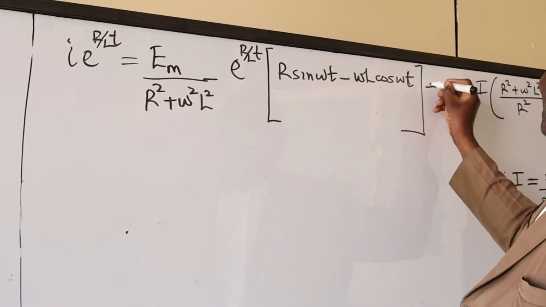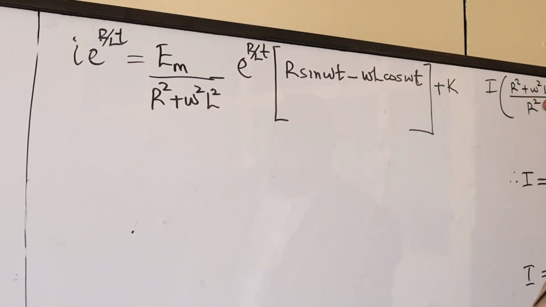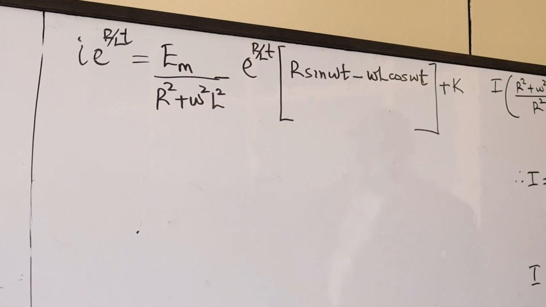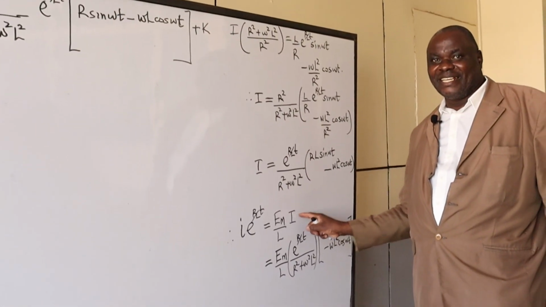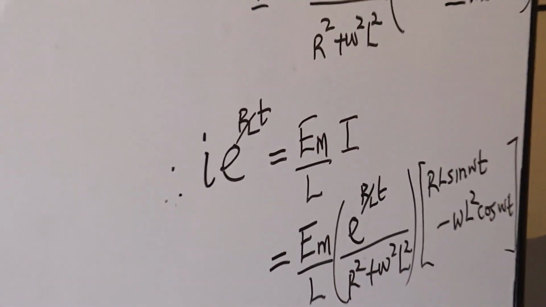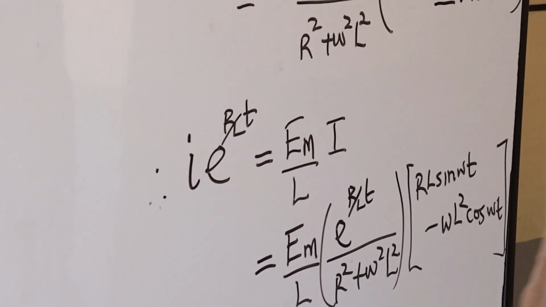Now plus a constant of integration, because remember that was an indefinite integral. This is our I. It is an indefinite integral. Then we were supposed to add a constant of integration.